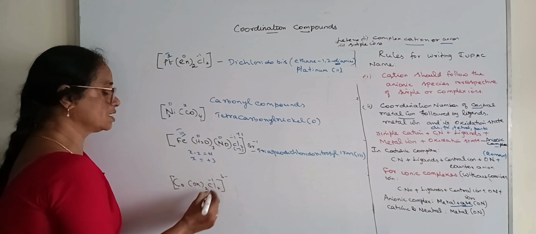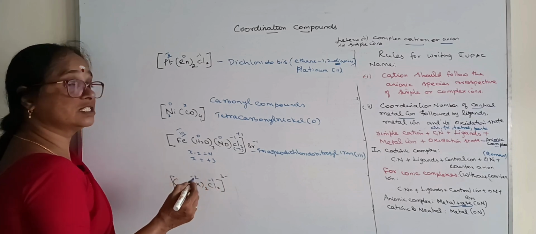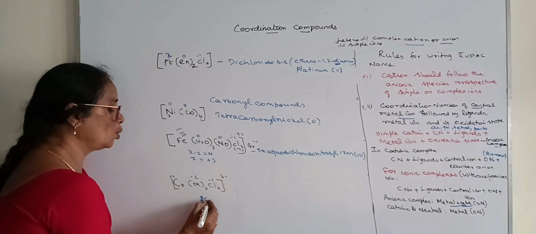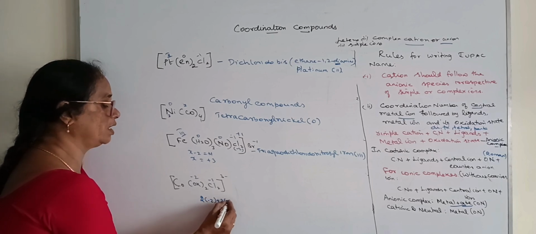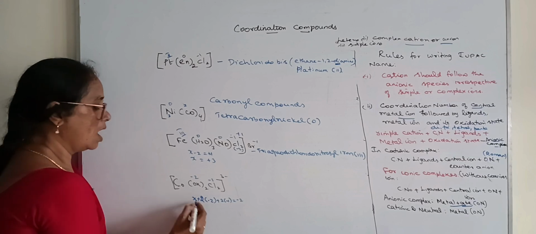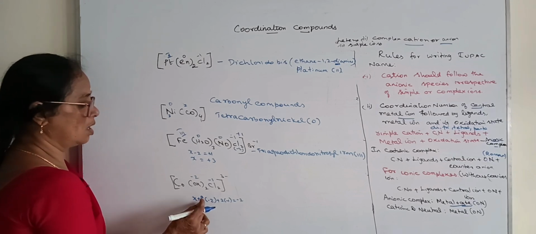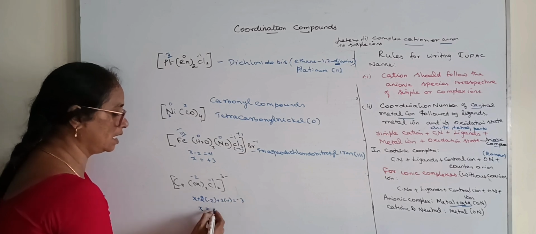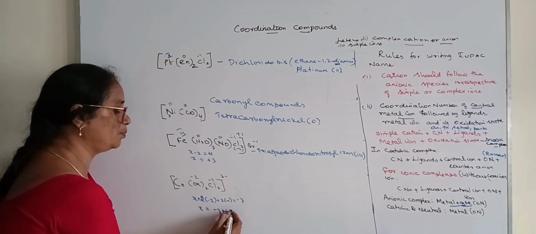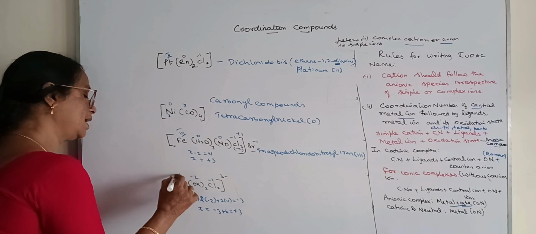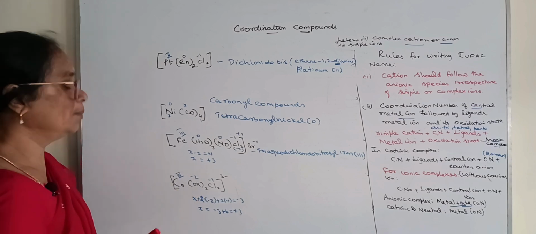Chloride -1, oxalate -2 because it is a didentate ligand. So I can write 2 into -2 plus 2 into -1 equal to -3... sorry, x plus (-6) equal to -3, so x equals +3. Therefore, the oxidation state of cobalt is +3.